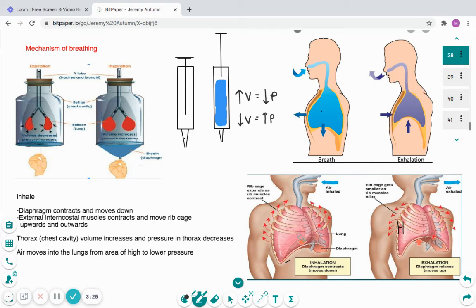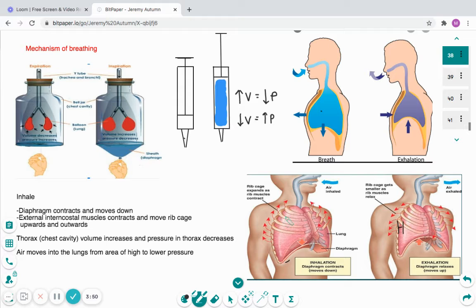We've also got another way of making our chest bigger, and that's to make our rib cage go up and out. You could do this now if you just take a big deep breath. You'll feel your chest getting bigger and going up. Try and take a deep breath without moving your chest. It's impossible. The only way you can breathe in is by making your chest bigger.